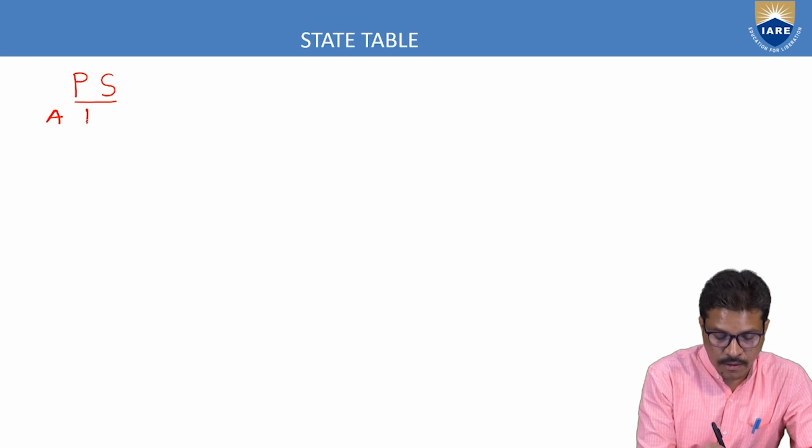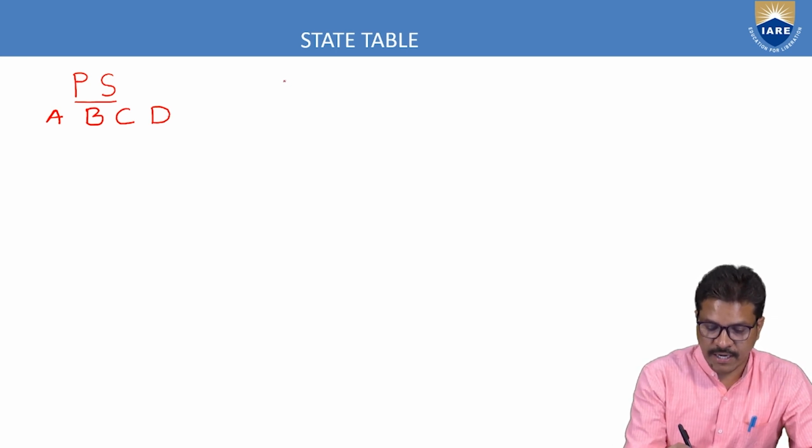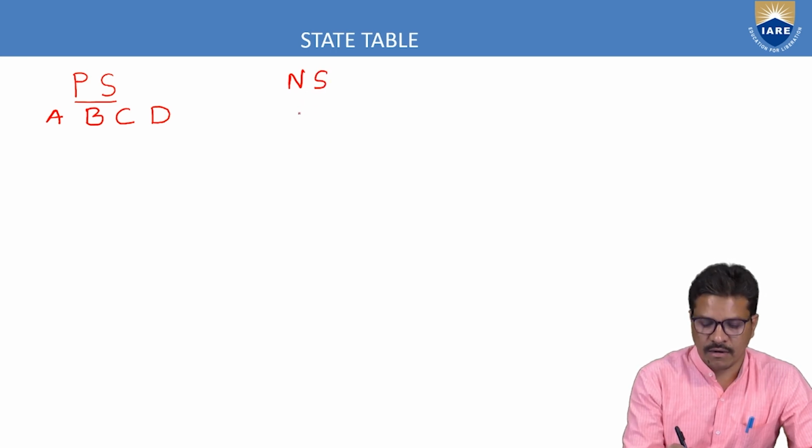A, B, C, D. The next state is represented by the same letters, AN, BN, CN, DN.